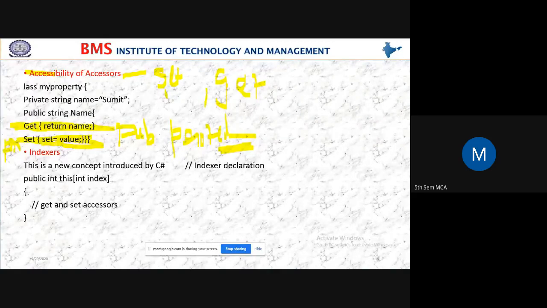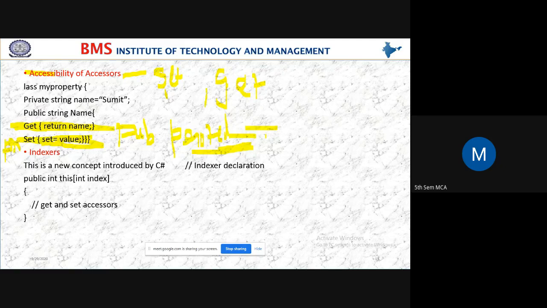If you declare private, then the accessibility will be within the particular class only. We have one more option, that is using the protected access modifier. When you use this protected access modifier, then its scope will be within the class and in the derived class. Correct now, students?